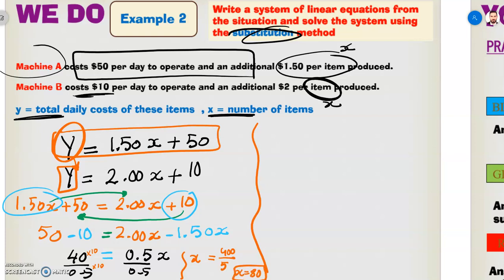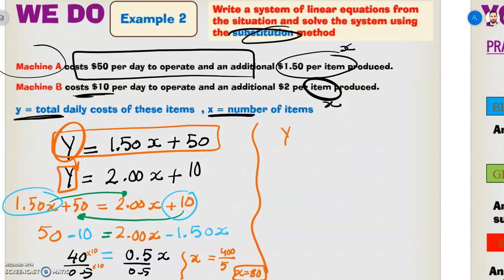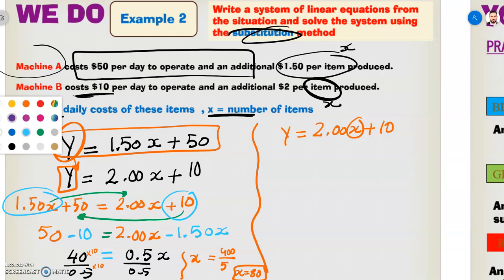I hope that you can see it. X is equal 80. Once you get the value of x, you can substitute it into any one of these two equations. I will write the equation y equal 1.50x, or it's better to use 2 as a whole number, 2.00x plus 10, but I will substitute x with the number 80.